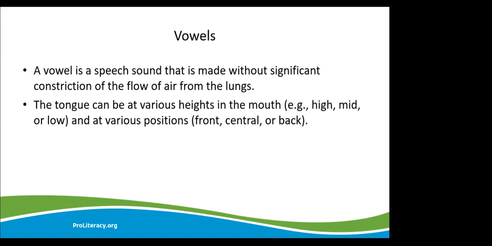Think about where your tongue is when you say I or I. You feel like your tongue is pulling up a little higher in your mouth. But when you go to the doctor and he says, open up and say ah, why does he say ah? What ah does is it pulls your tongue to the bottom of your mouth and opens up your mouth extremely wide. In the ah, you're going to feel how your tongue flattens out at the bottom of your mouth.